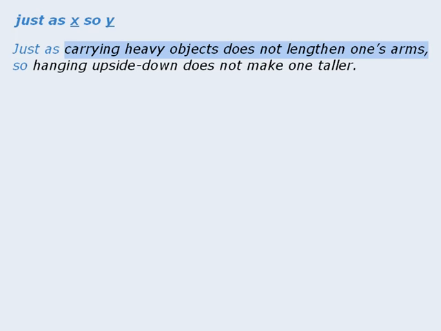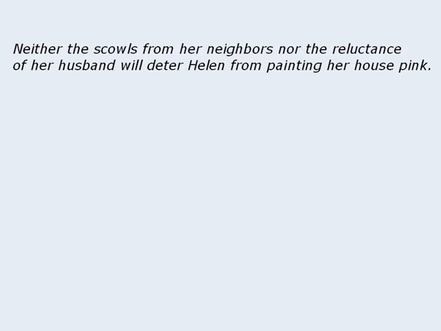Notice that the part after just as is parallel to the part after so. First, carrying heavy objects is parallel to hanging upside down. And second, the phrase does not lengthen one's arms is parallel to the phrase does not make one taller. Okay, one last example. Neither the scowls from her neighbors nor the reluctance of her husband will deter Helen from painting her house pink.